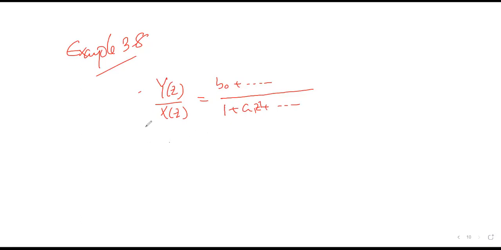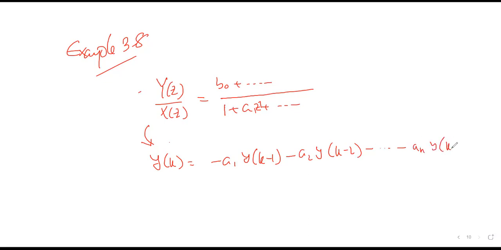Basically, it can be cleared from the fact that if you just take the difference equation of this one, then you're going to say that y(k) equal to minus a1 y(k minus 1), which is the past value of the output, minus a2 y(k minus 2), minus and goes up to minus an y(k minus n), plus b0 x(k).